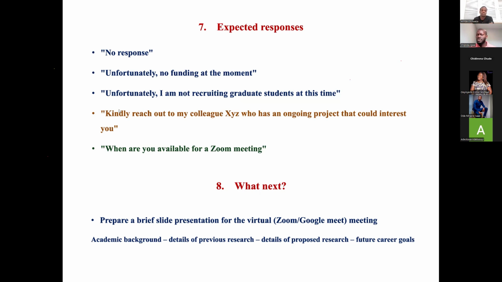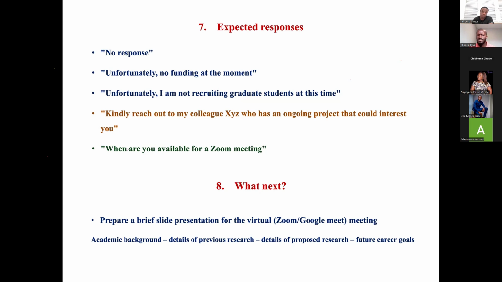If they see that you have good prospects, of course they may feel the need to redirect you to a colleague who has vacancies. You can imagine this guy that I told you that's looking to recruit from Nigeria. If a colleague of his knows that he's looking to recruit, and they get a cold email and feel this person is suited for what he is doing, they may feel the need to redirect you.